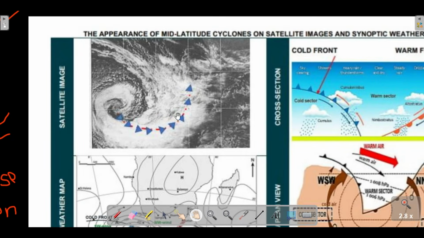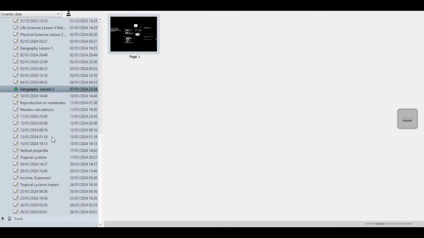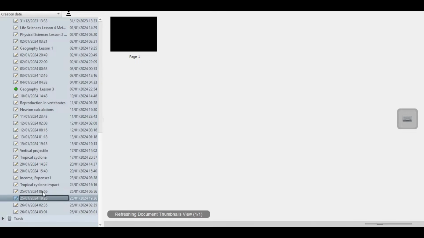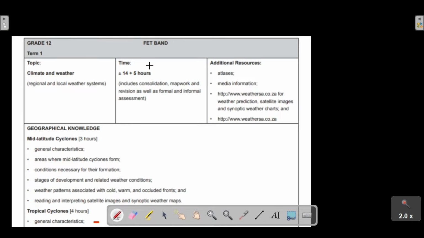A mid-latitude cyclone has this spiraling with gaps in between, and we do not actually see a hole or the eye here. So you can clearly identify this as a mid-latitude cyclone. Look at the difference between the satellite image of a mid-latitude cyclone and that of a tropical cyclone.